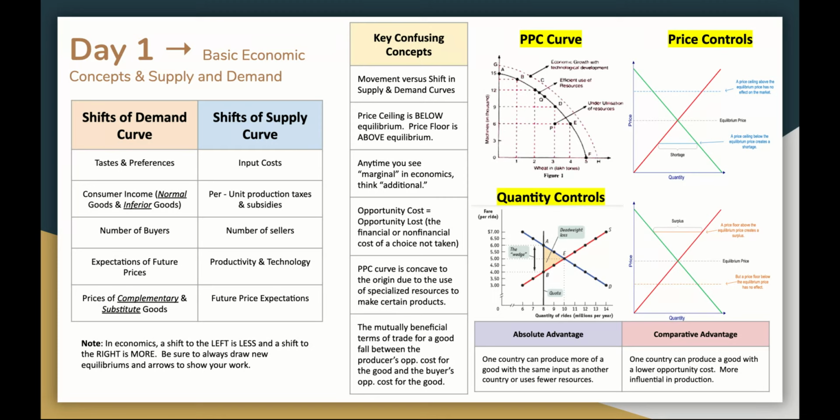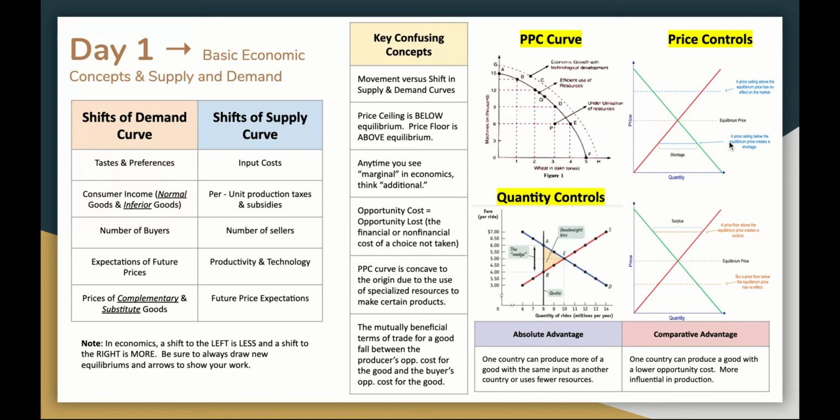Make sure that you see those things and get an idea when you're being asked a question about that. Price ceilings are always below the equilibrium price. They always cause shortages. People find that really confusing because I don't know about you, when I think about ceiling, I look up. Well, no, price ceiling is actually below the equilibrium.